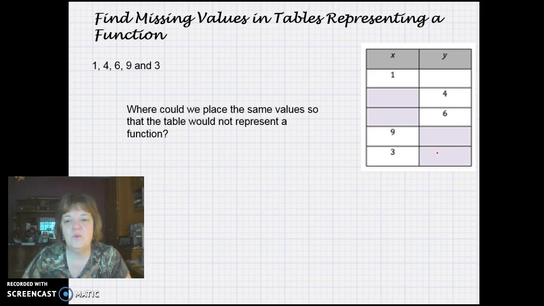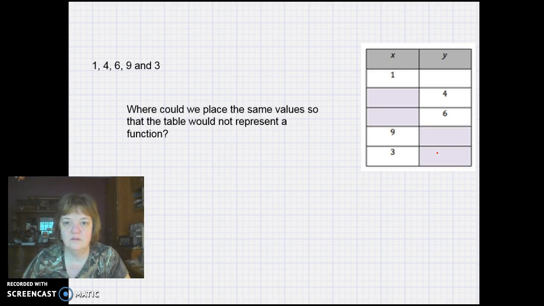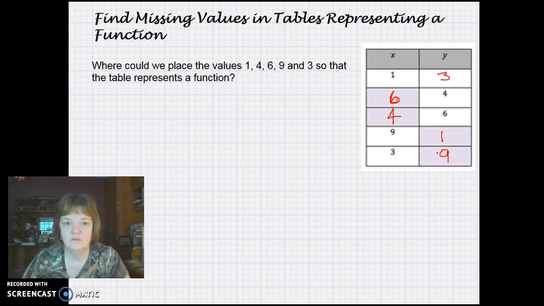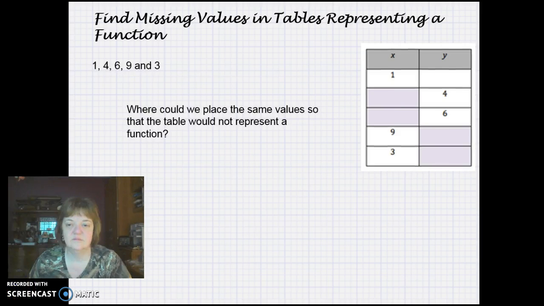So now, what if we wanted to turn this into definitely? So using the same table and the same numbers, how could we play around with it and make it so it does not represent a function?